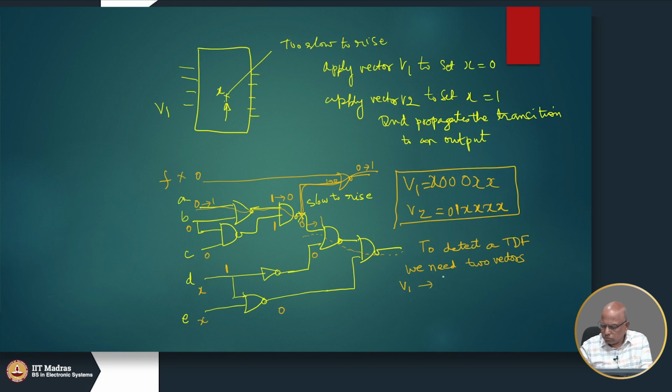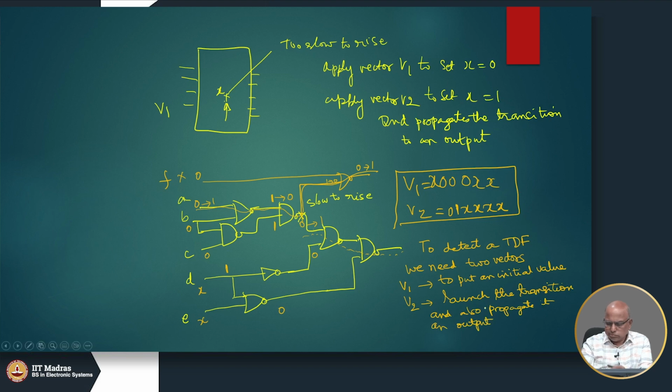V1 puts an initial value, so in this example V1 is making this node 0, and V2 will launch the transition and also propagate it to an output. In this case it went to this output.